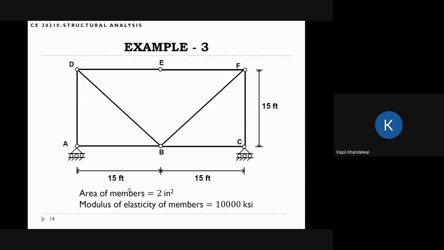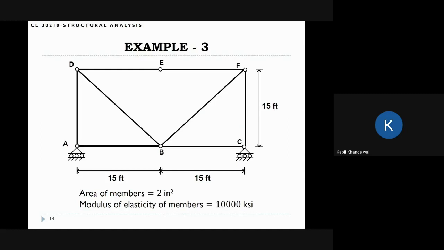And the dimensions are given. For each member, the length is 15 feet, and the height is also 15 feet. The area of the members is 2 inch square, and the modulus of elasticity of all members is 10,000 kips. So this data is given to us, and with this data we want to analyze the system.